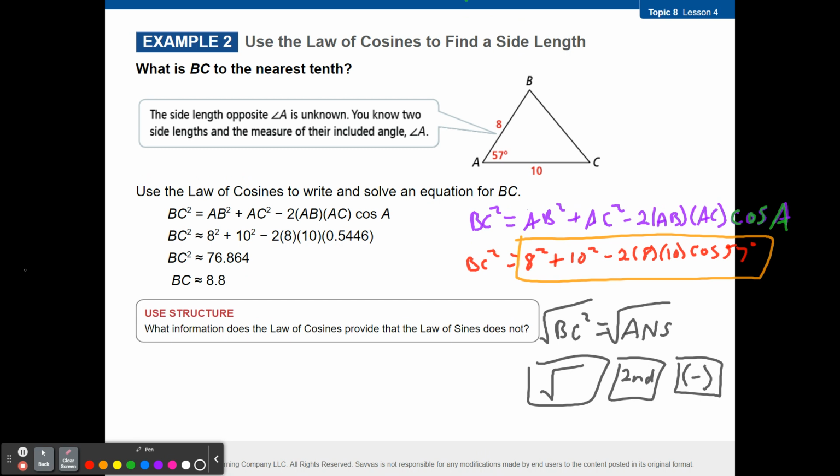So when you're done, it should look like this, maybe with parentheses, right? And then hit enter. If you get 8.8, you did this correctly. Did anybody not get 8.8?